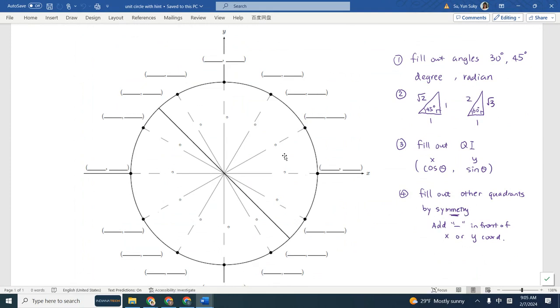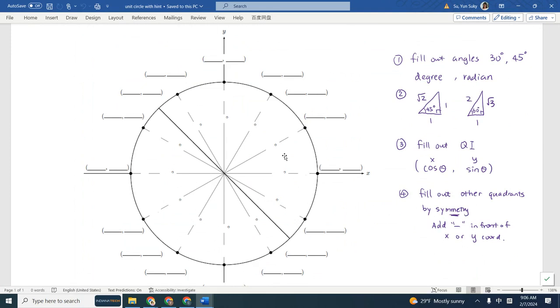Remember, the x coordinate is cosine theta, and the y coordinate is sine theta. For example, this is 30 degree. Cosine 30 degree is what? Cosine is adjacent over hypotenuse, so here it is root 3 over 2. And sine 30 degree is opposite over hypotenuse, so this is 1/2.